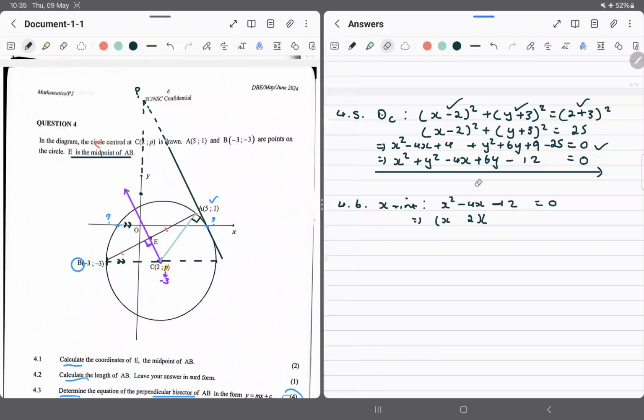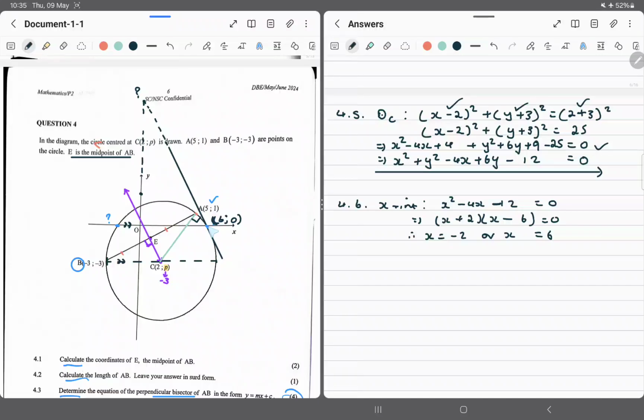So we know that this is going to be x and 6 equal to 0. So 6 must carry the sign of the middle term. So we can see therefore that x is going to be minus 2 or x is 6. So this already means at that point we've got x is 6 and 0.